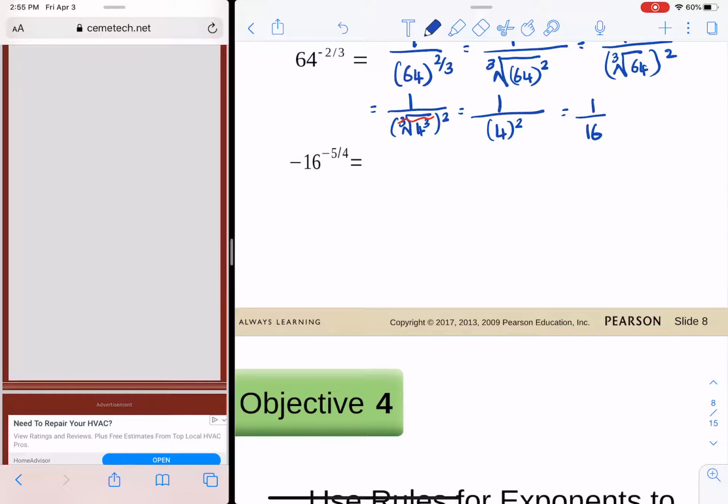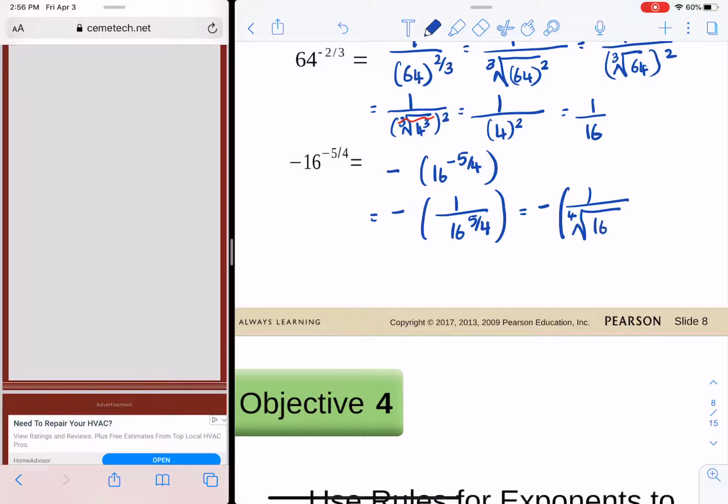So here, the negative is in front of the expression. So it's negative 16 raised to negative 5 over 4. We could rewrite it as negative 1 over 16 raised to 5 over 4. I'm going to write 16 raised to 5 over 4 as the fourth root of a raised to m, because a is 16, m is 5, n is 4.